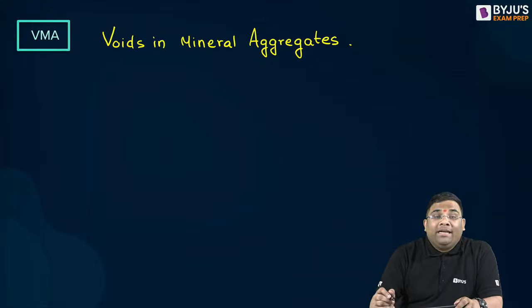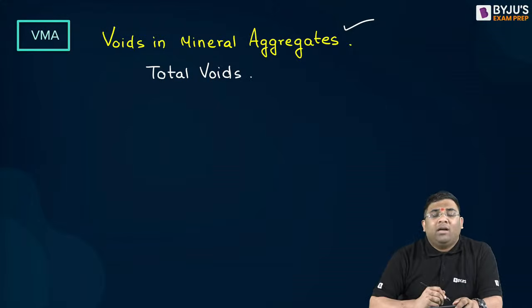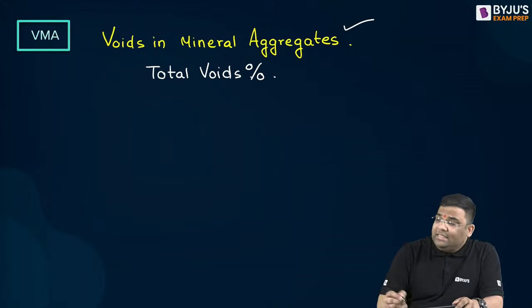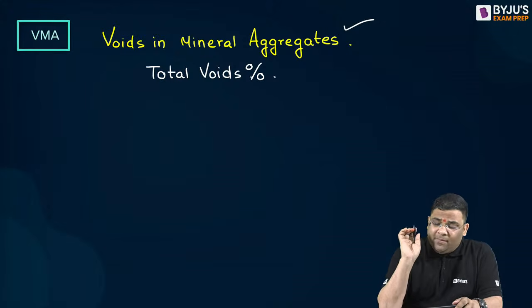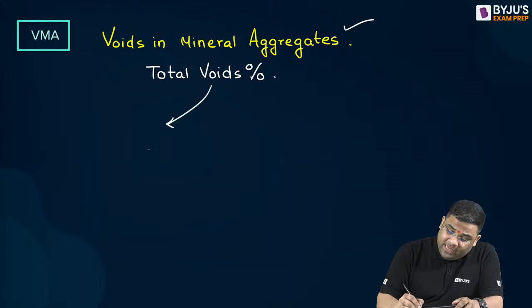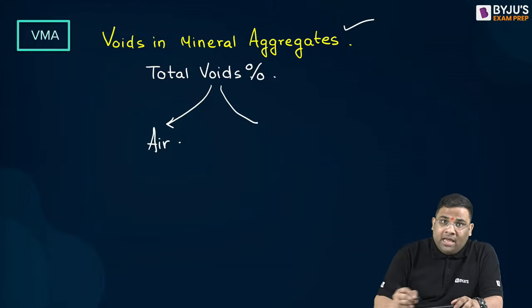Now, how do you find these voids in mineral aggregates? This is the total voids, the total void percentage. See, in the voids, what will be there? Either air will be there or there will be bitumen, right?